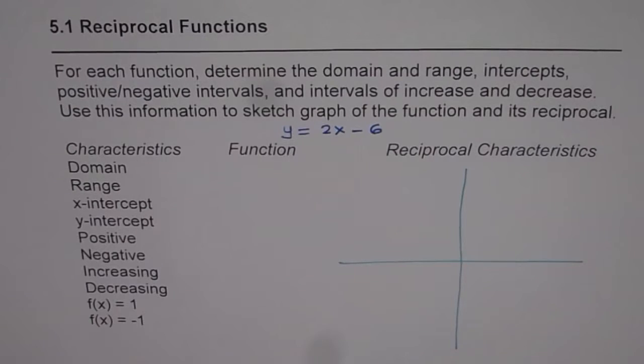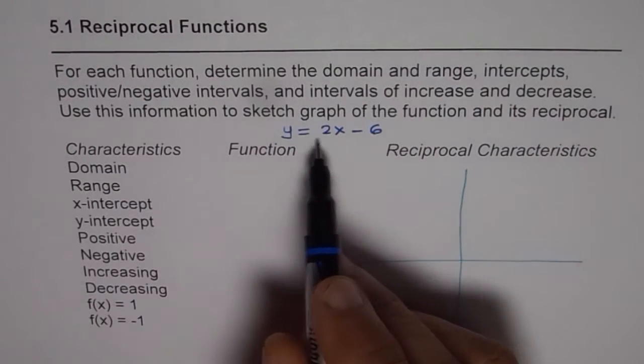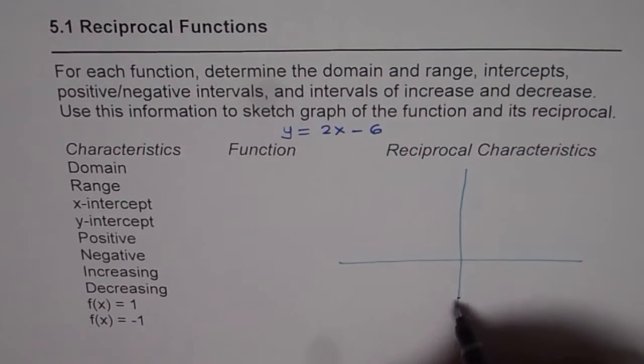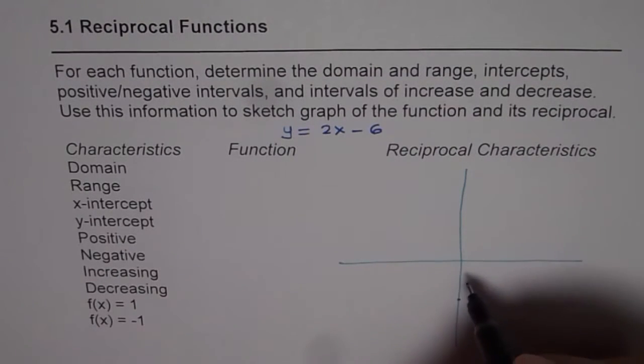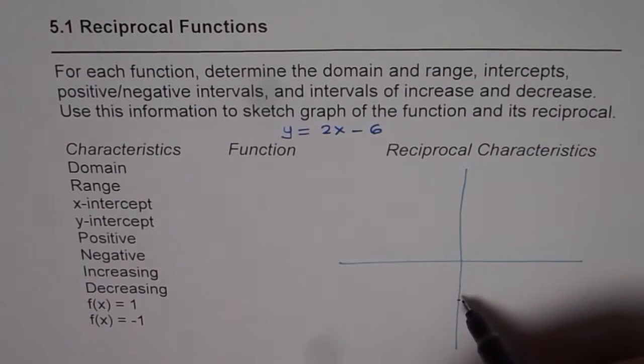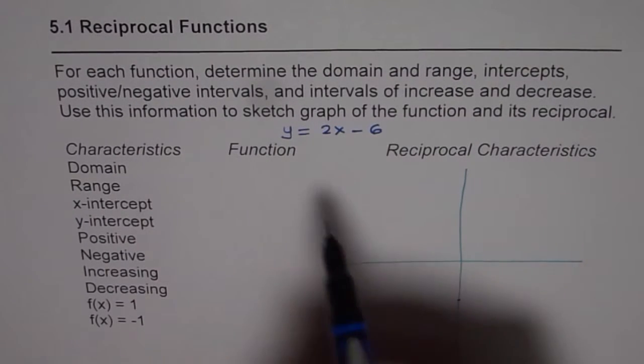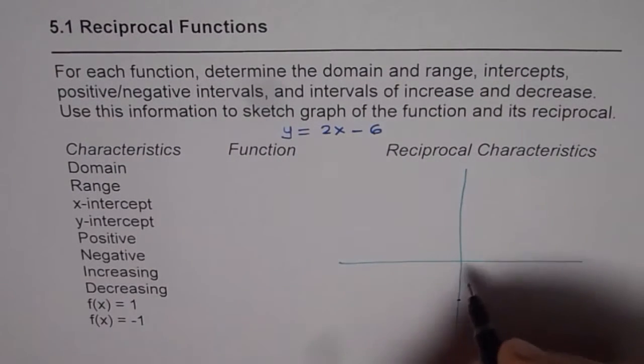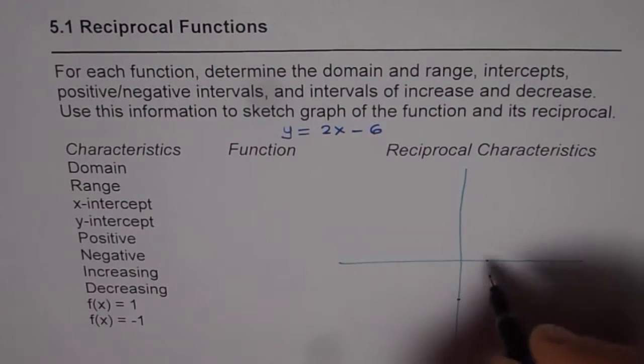So on this graph, if I draw the line y equals 2x minus 6, it really means that the y-intercept is minus 6 and the slope is 2. I can find the x-intercept, which should be, if y is 0, bringing 6 here, divided by 2, as 3. So somewhere here, for example.